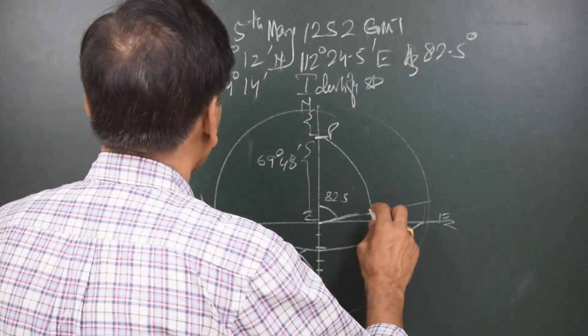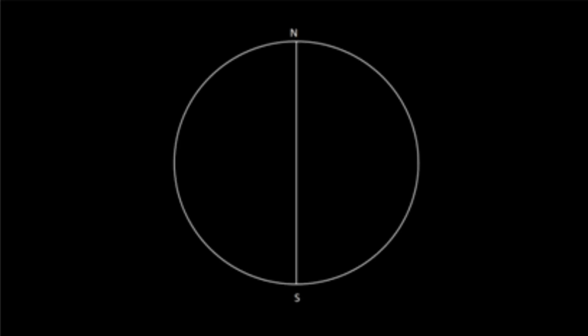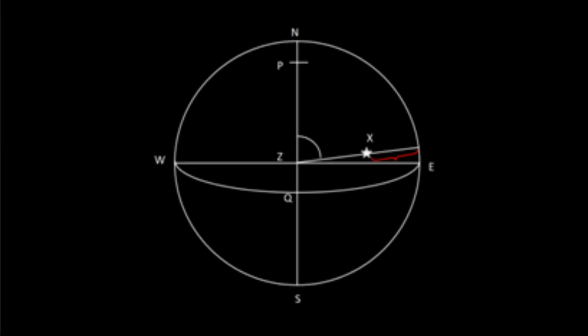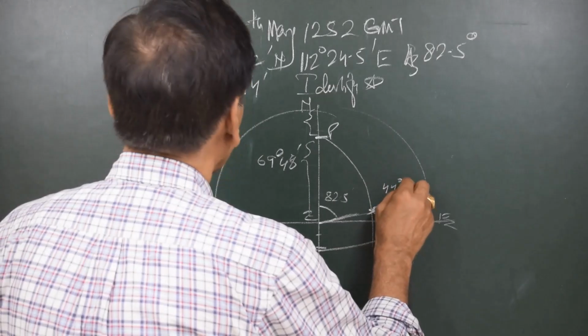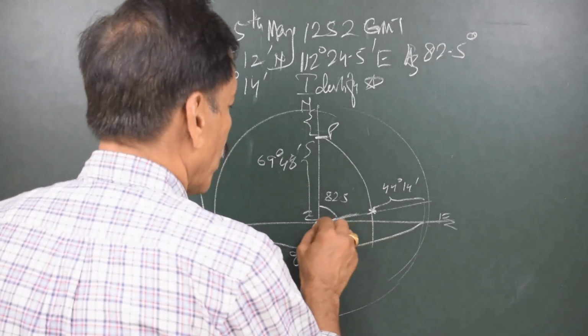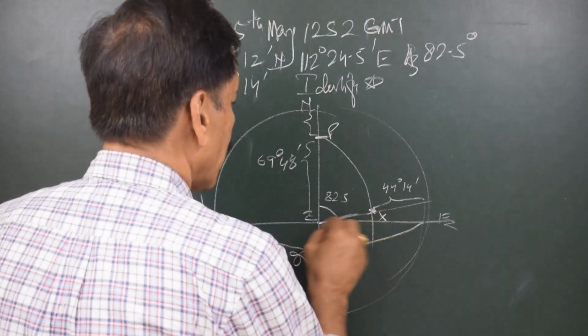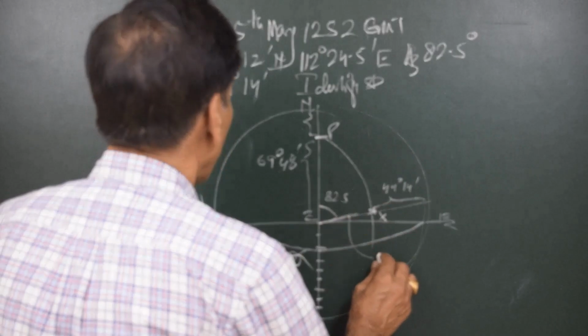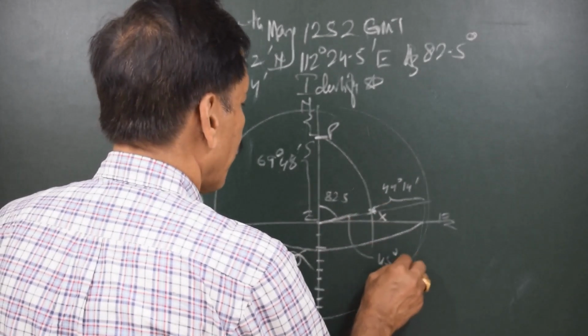Altitude was 44 degrees 14 minutes. That means this part was 44 degrees 14 minutes. So the zenith distance, that is ZX, would be 45 degrees and 46 minutes.